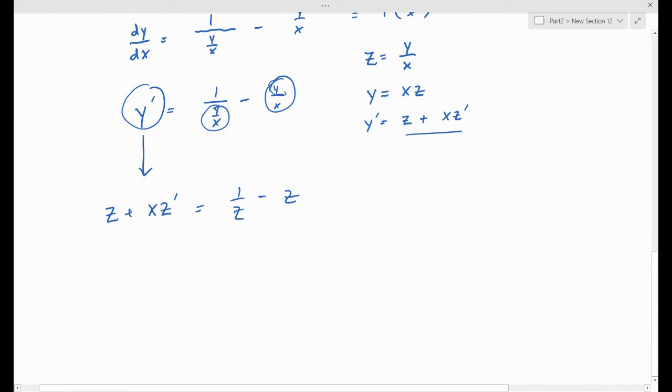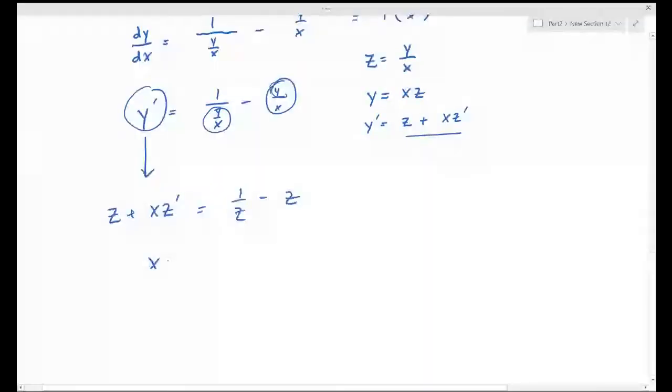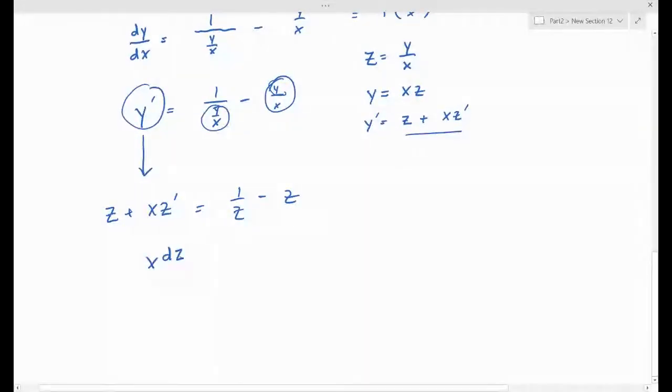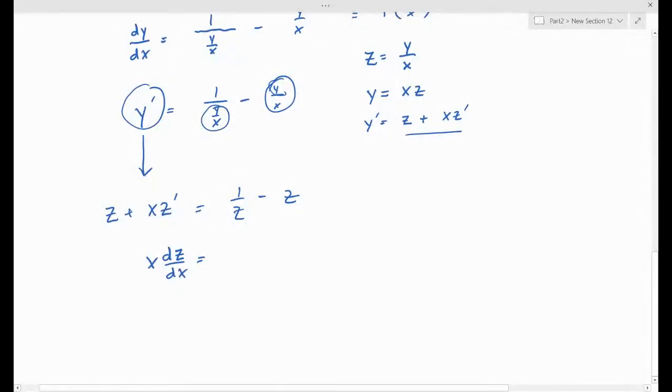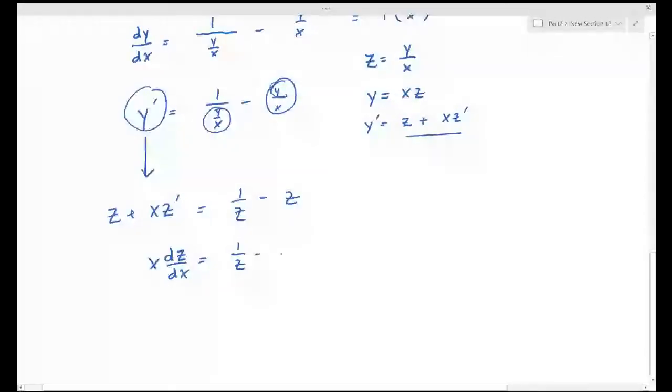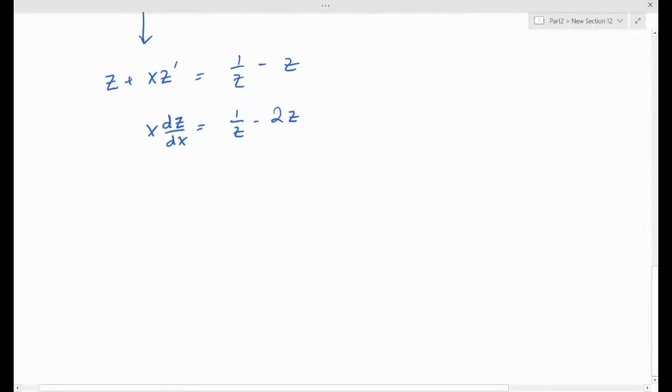All right. So, and this again, you want to know that if you have a homogeneous equation like this, if you correctly do the substitution, you should get something that's separable.